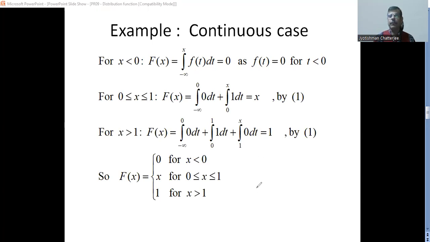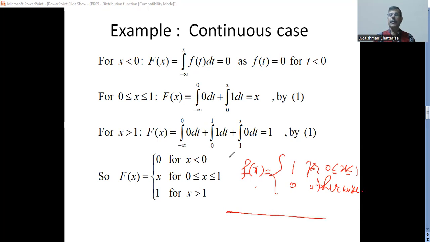See, what is the range of values for f of x? f of x is equal to 1 for 0 less than or equal to x less than or equal to 1, 0 otherwise. Right? In other words, the definition is splitting up the real number system into 3 parts.